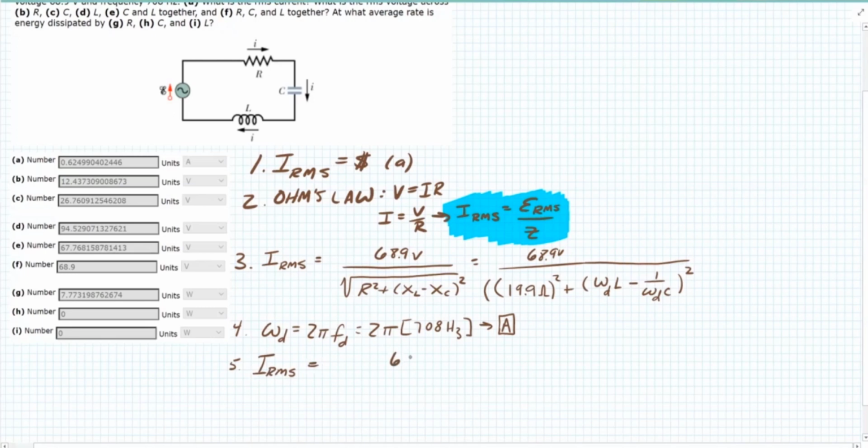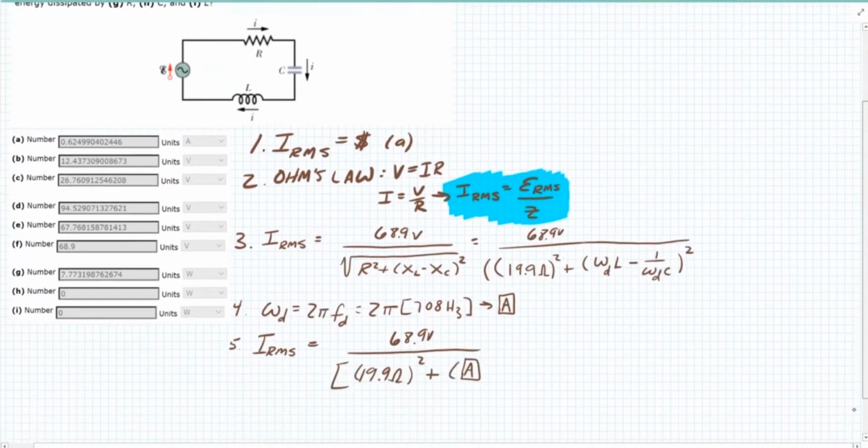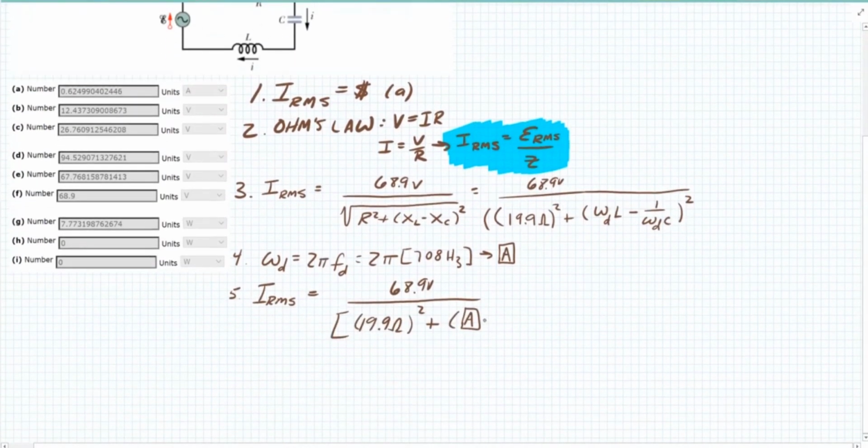It's going to be 68.9 volts all over 19.9 ohms squared plus calculator memory location A times my inductor value. For me, my inductor value was 34 millihenry, or 0.034 henry.